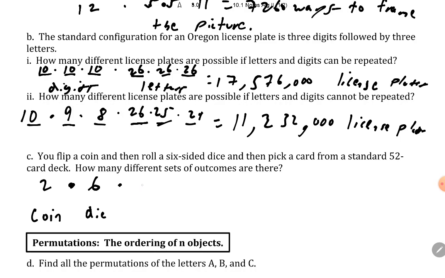So 2 times 6, and then 52 cards in a deck. Even though there are 4 aces, 4 twos, they're all different suits, so there are actually 52 different cards in a deck. So that would be 624 outcomes.